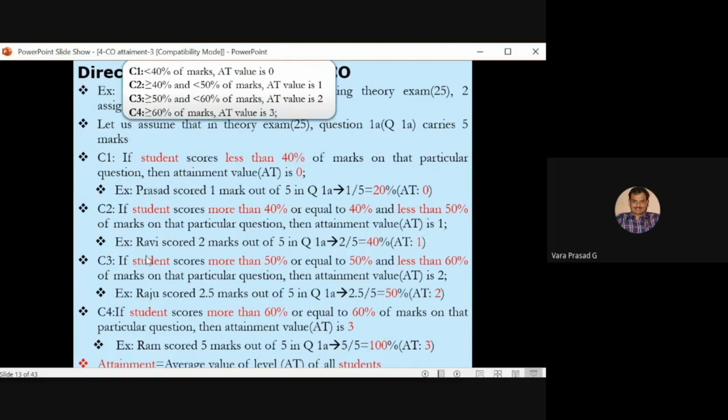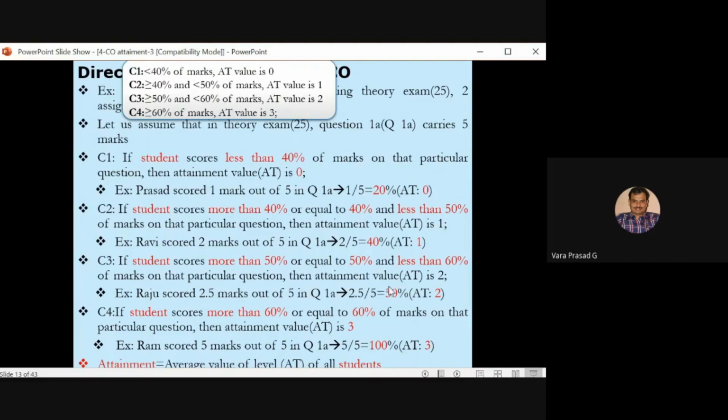Now, condition 3: if any student scores 50% or more but less than 60% of the marks with respect to that particular question, then the attainment value is 2. For example, a student called Raju has scored 2.5 marks out of 5. 2.5 divided by 5, how much?